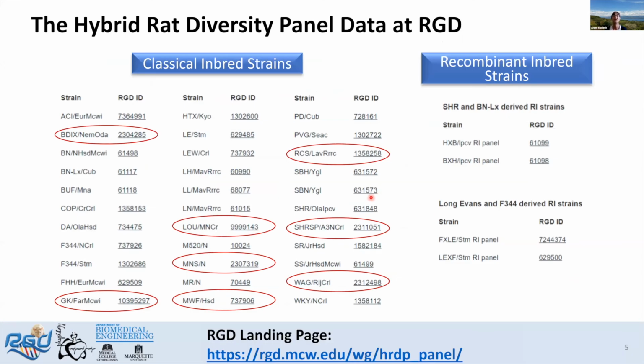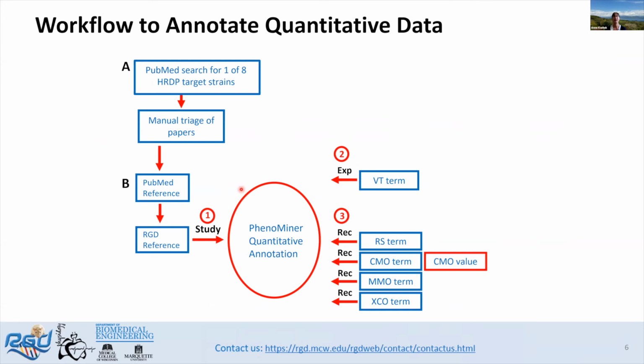When we went to the hybrid rat diversity panel, we realized that there were several strains that had no annotation, so we decided that was a good goal. We started annotating these 8 strains that didn't have any quantitative data. The workflow is to go to PubMed and pull any papers that mention those strains.